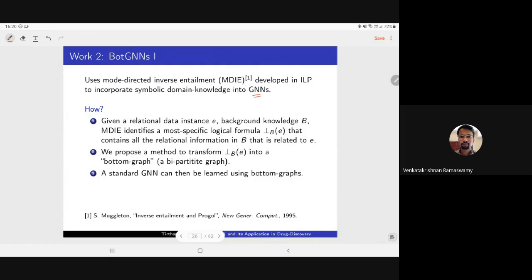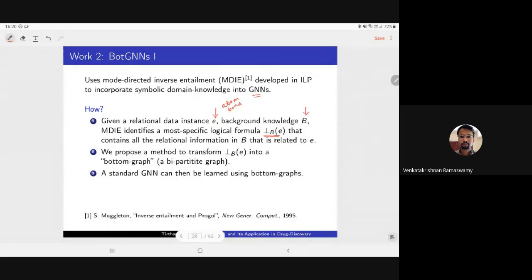So how are we doing that? Given a relational data instance E and some background knowledge B, MDIE identifies a most specific logic formula, bot E. Sorry for this notation, but it is convenient for us. If you recall the molecular graph structure, what we used to have is just atom or bond information.